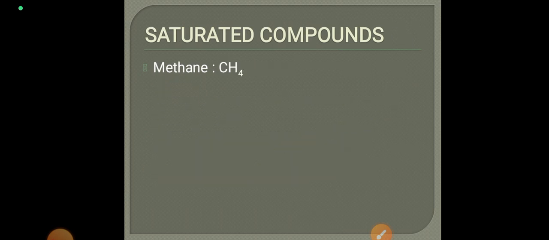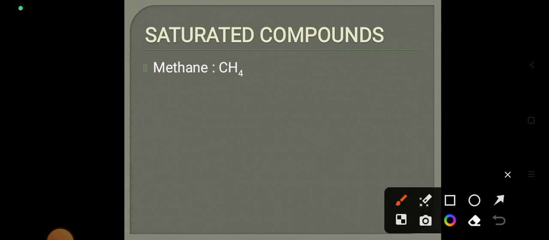Now the next topic is to draw saturated compounds. Let's say they have given methane. We will understand how to write the structural formula for methane. We all know, students, carbon's atomic number is 6 and the valency of carbon is 4. That means every carbon atom can form 4 bonds around itself.